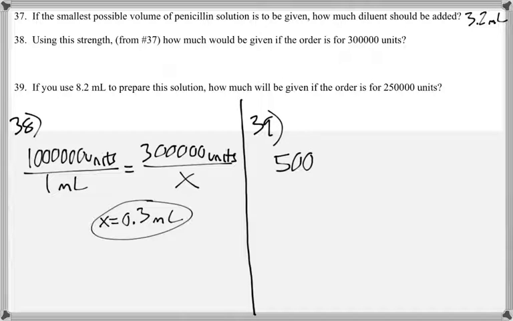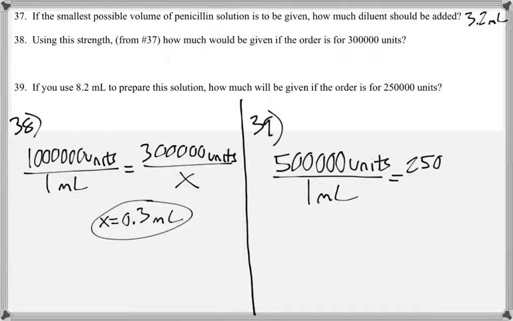It just tells me to use the 500,000. And if I solve this, then I get 0.5 mLs.